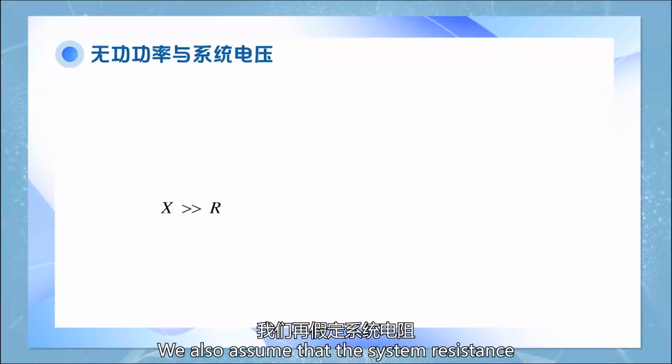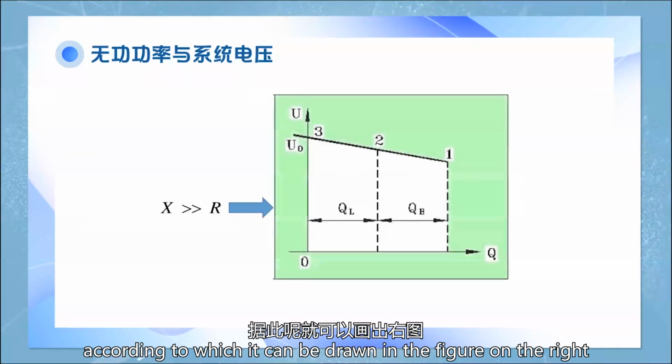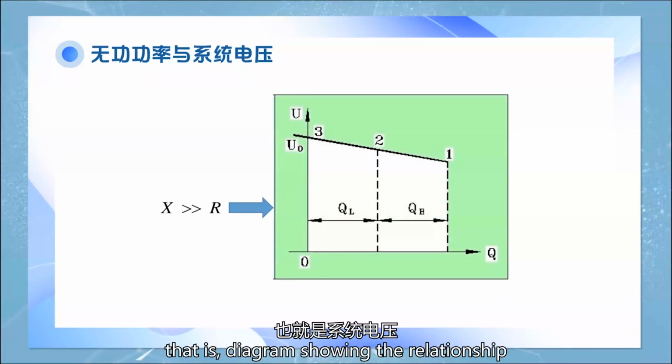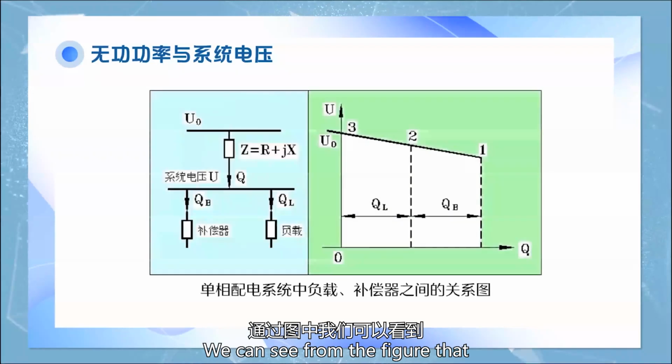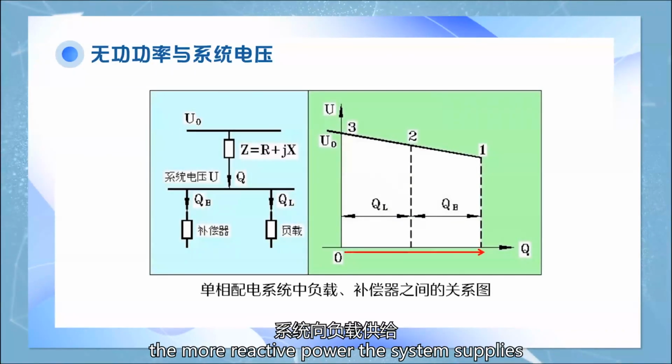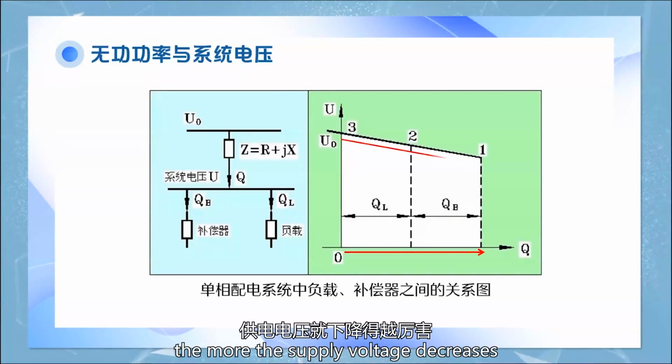We also assume that the system resistance is much smaller than the system reactance, according to which it can be drawn in the figure on the right, that is, a diagram showing the relationship between system voltage and reactive power. We can see from the figure that the more reactive power the system supplies and exchanges to the load, the more the supply voltage decreases.